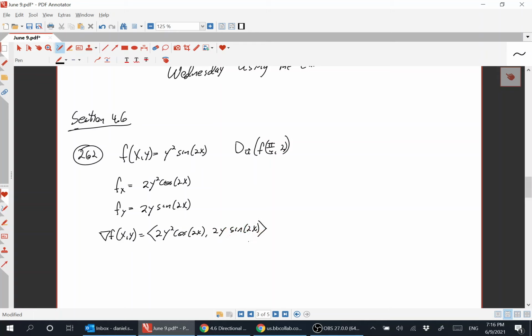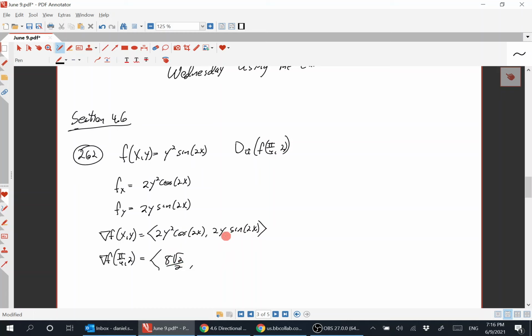But of course we are interested in the point pi over 4 comma 2. So the gradient of f at pi over 4 comma 2 is, 4 times 2 is 8, and then that's root 2 over 2.